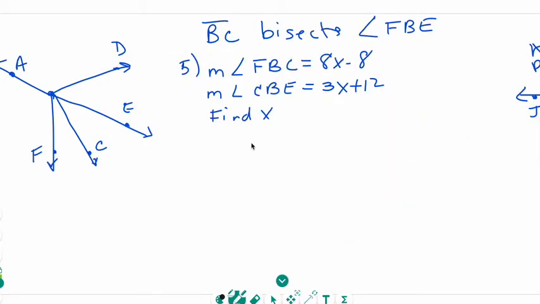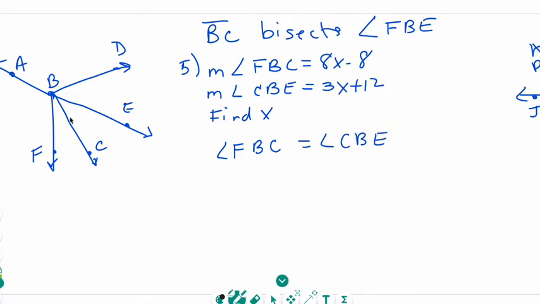All right, new diagram. In this diagram, we are told that BC is an angle bisector. If we have an angle bisector, a line segment that bisects an angle, then we know that angle FBC is equal to angle CBE.